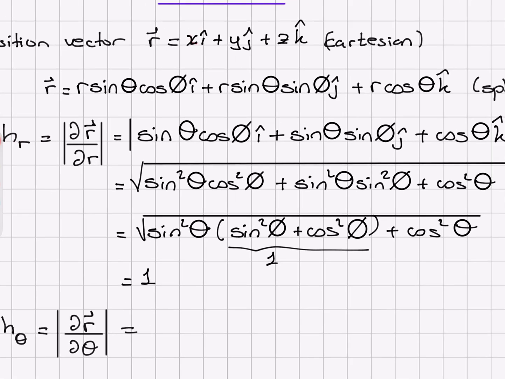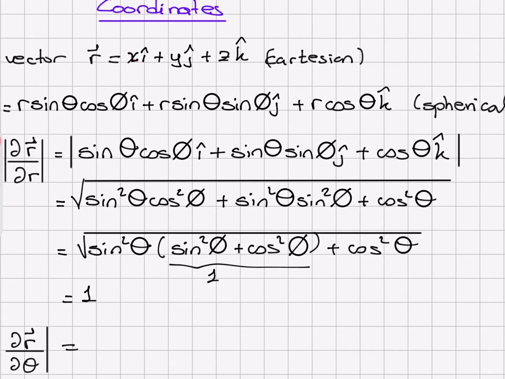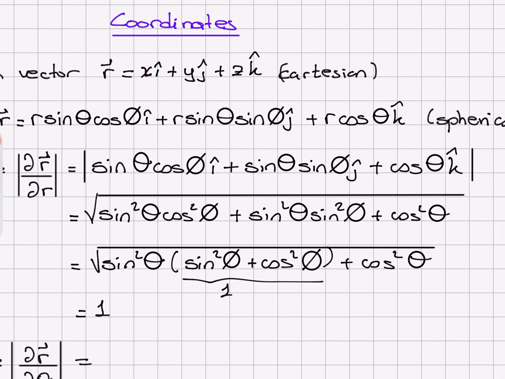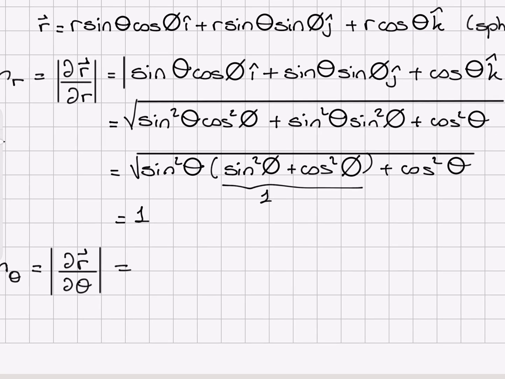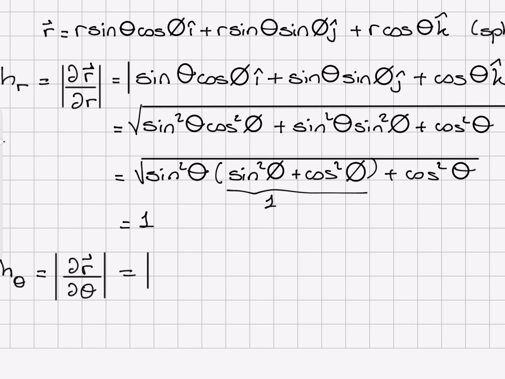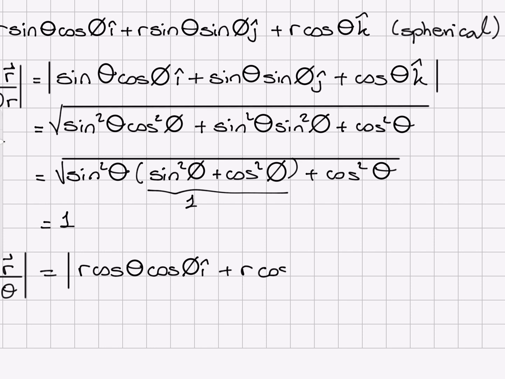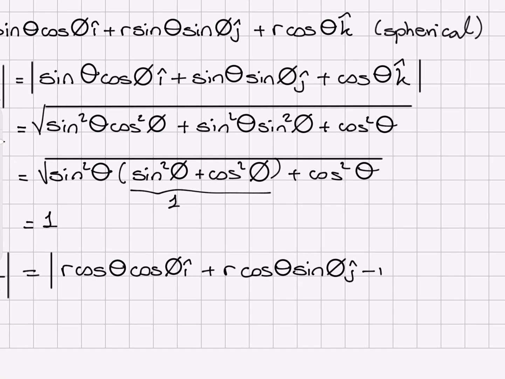And for theta, I'm going to take a derivative with respect to theta. So the theta derivative will affect this term. It will give me r cosine theta cosine phi, r cosine theta sine phi, and minus r sine theta in k hat direction. So the magnitude of del r del theta, that is r cosine theta cosine phi in i hat direction plus r cosine theta sine phi in j hat direction, and then minus r sine theta in k hat direction.